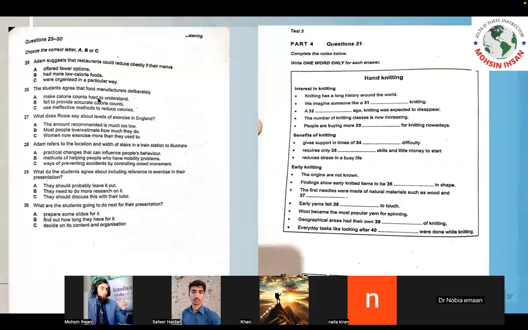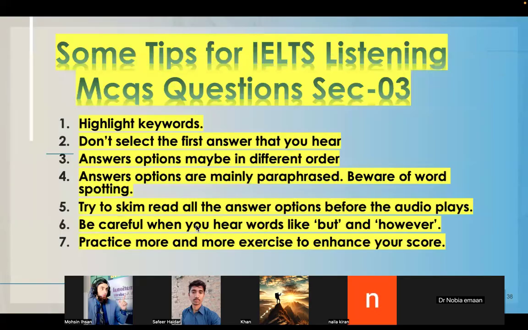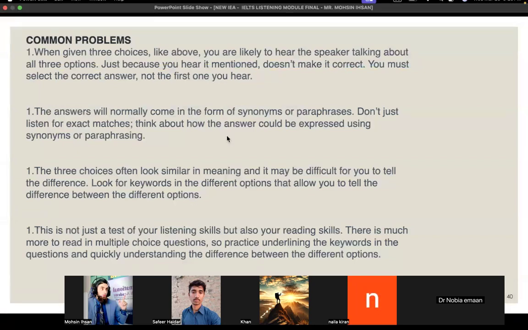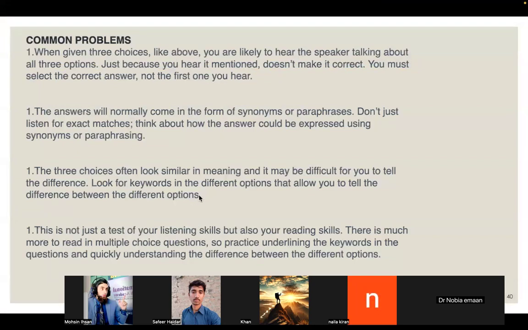Here one is hard to understand. Why? There is also calorie, there is also calorie, there is also calorie, right? In each option there is the word calorie, but one is hard to understand, another is fail to provide, another is ineffective method, right? So this is how you have to make yourself familiar with what it means and what the words are going to distinguish it, to make it a little different from each other.